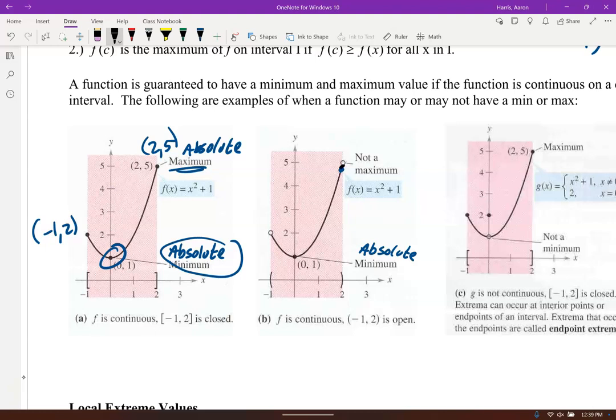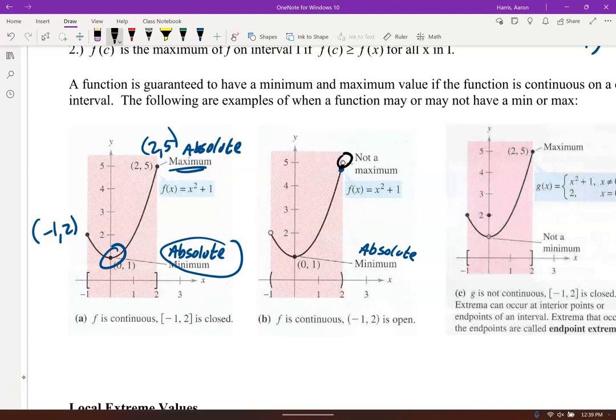But isn't 4.99 on there? I could go a little higher. I could go 4.999, right? I could go a little higher, 4.99999. There's always a little higher. There's no highest, because it's open. Does that make sense? So there is no maximum on that one.